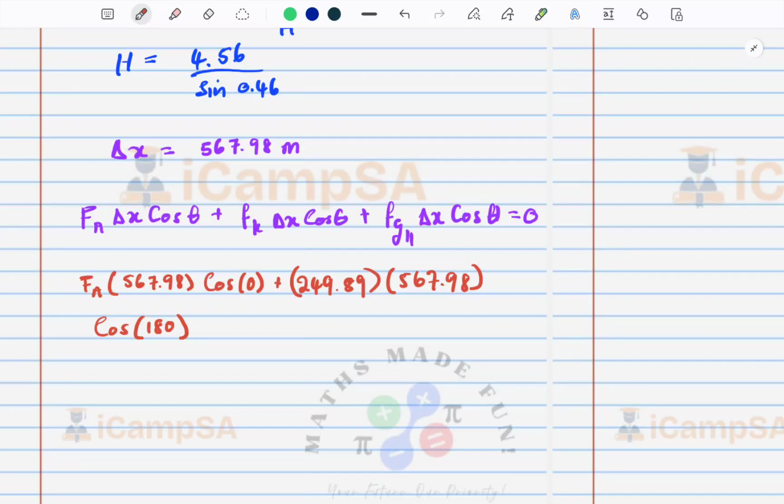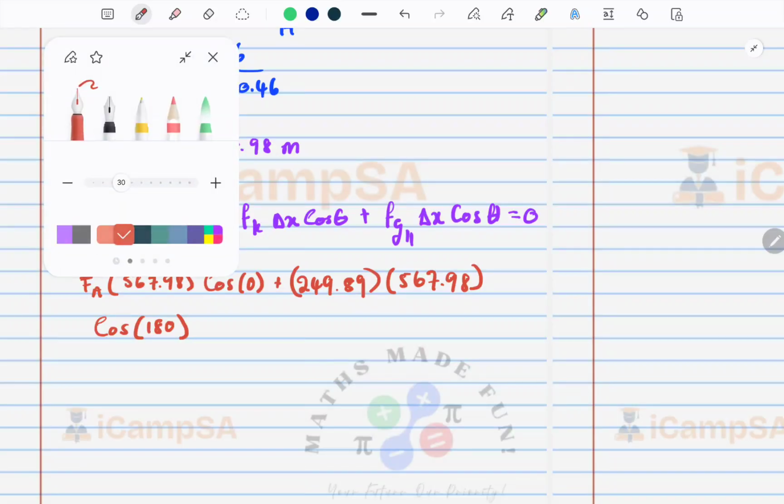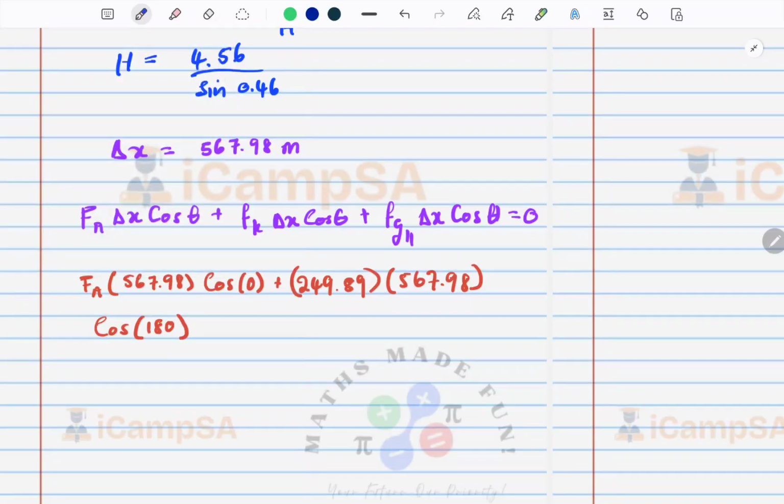But let's be careful again around FG parallel. Let me do it in a different color so that you see. This is going to be plus your FG parallel. Remember the components. You said that your FG perpendicular was FG cos theta, right?